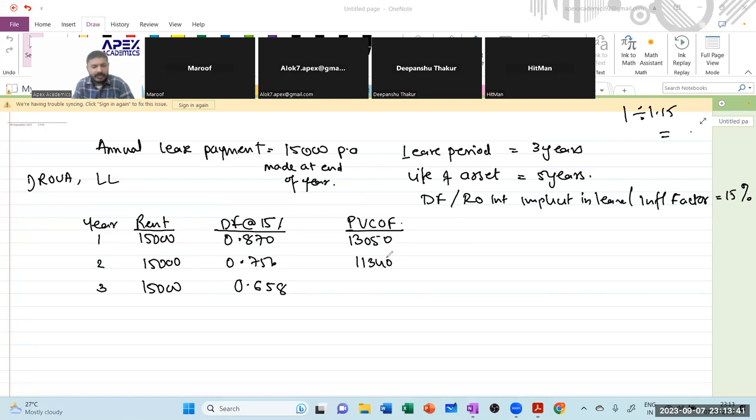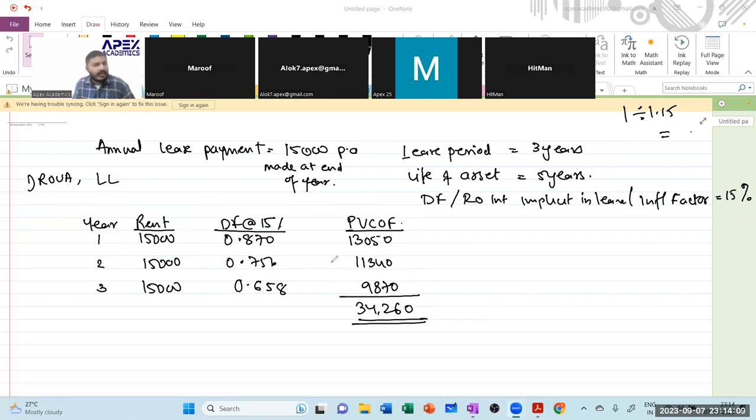Then again type 15,000 multiplied by 0.658. Press equal to. You will get 9,870. Press M plus. Press MRC. When you press MRC, you will automatically get the total of all of these numbers. The total is 34,260. That is the total that you are going to get.